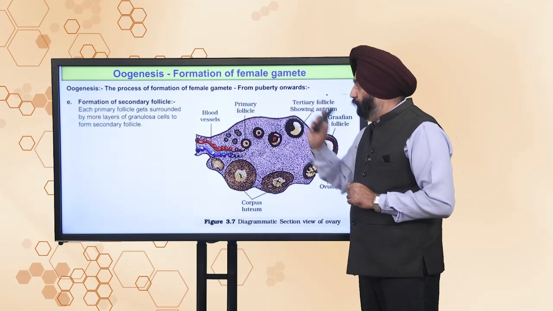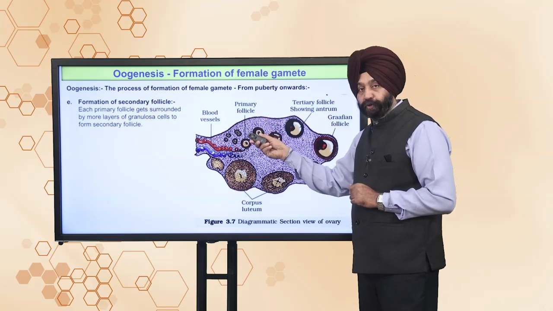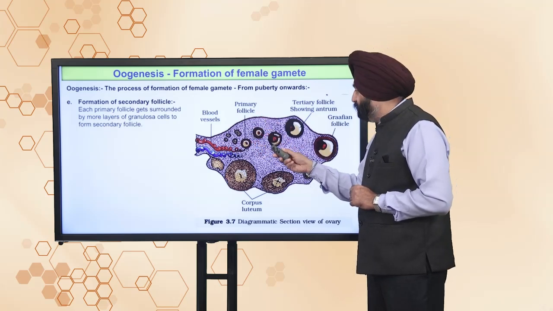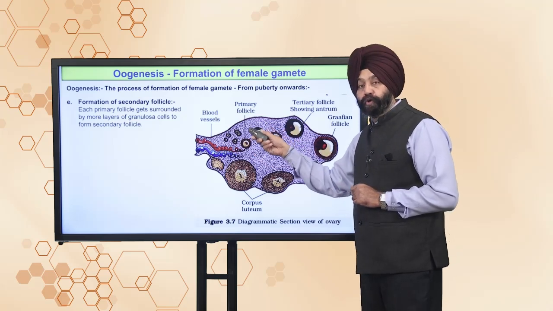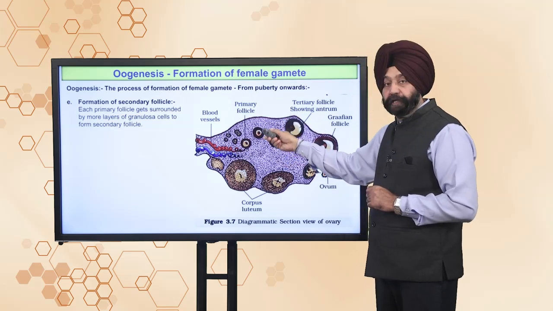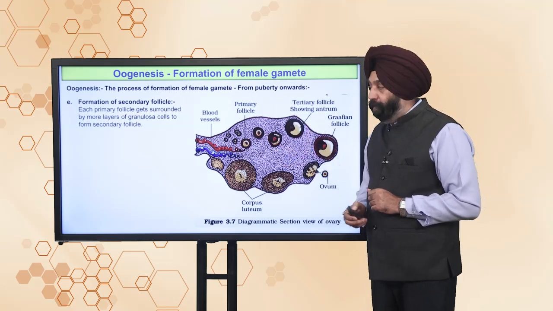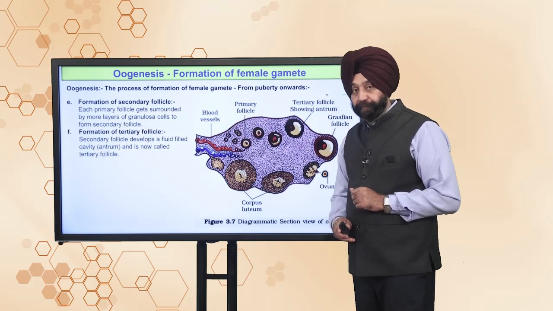Formation of secondary follicle. Each primary follicle that you see here gets surrounded by more layers of granulosa cells. This is called a secondary follicle. The next phase is the tertiary follicle.